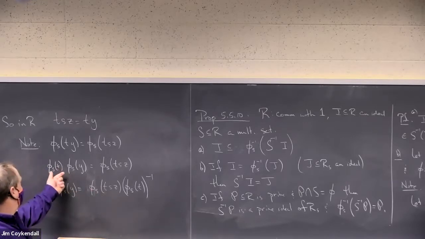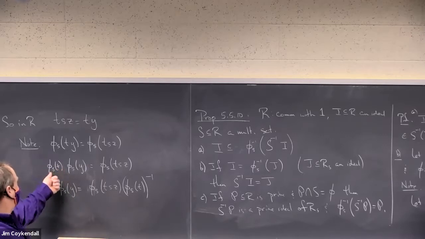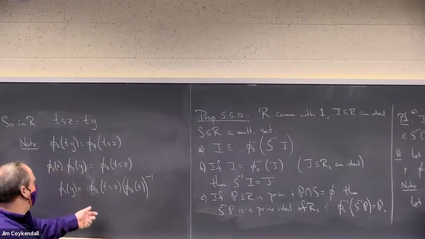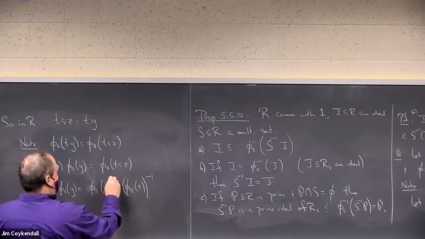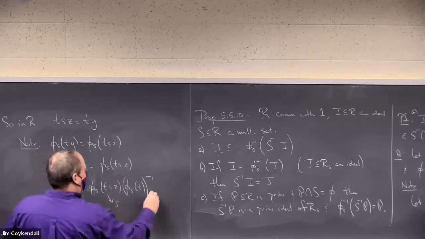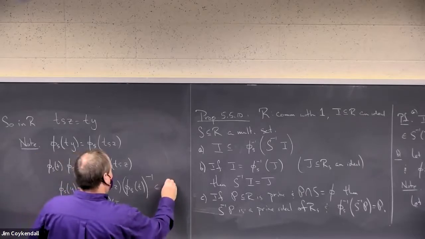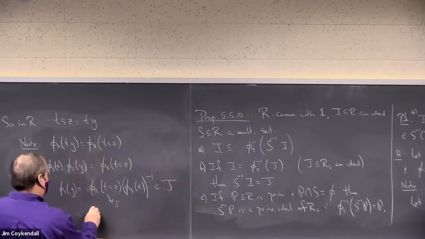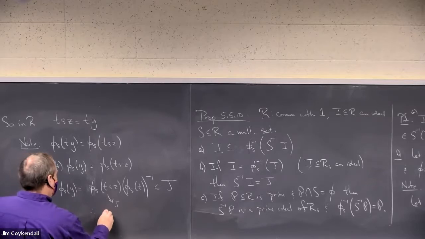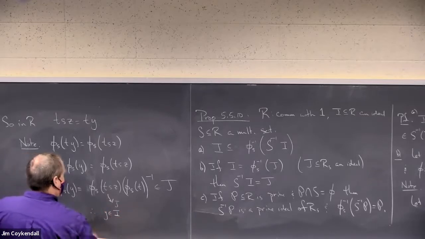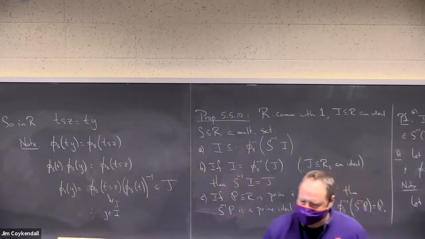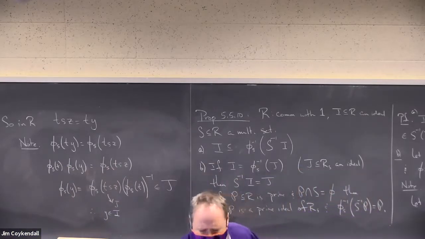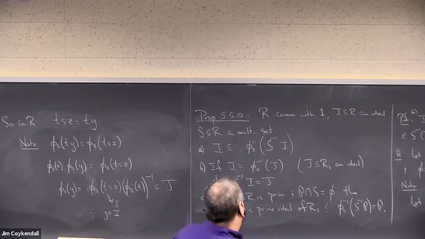So I can invert this because T is in S, the image under P S is actually a unit. And so this thing is in J, this is a unit, so this is an element of J. Therefore, Y is in I, and we're done. We've got the other thing.